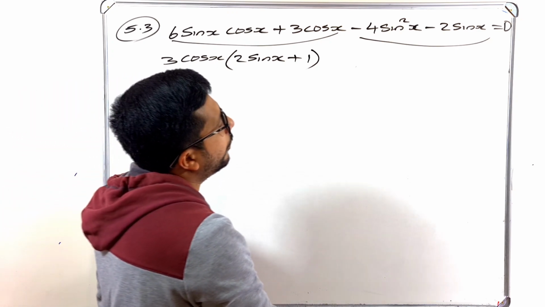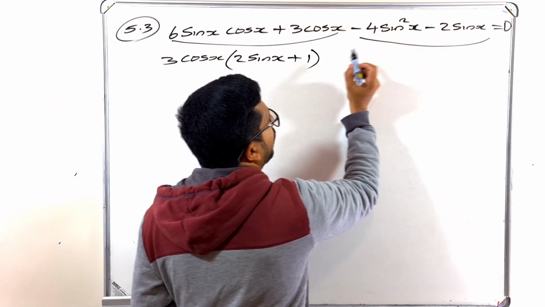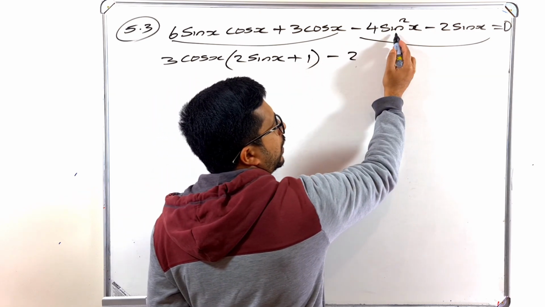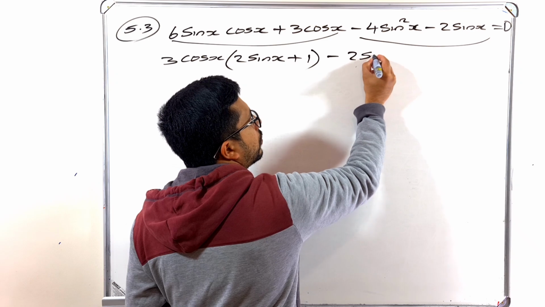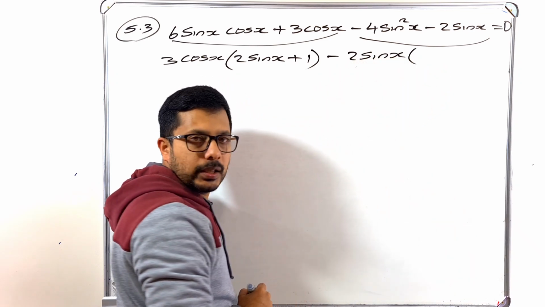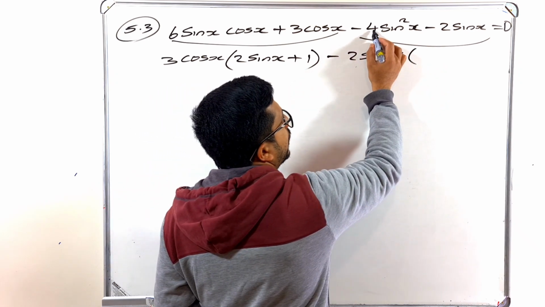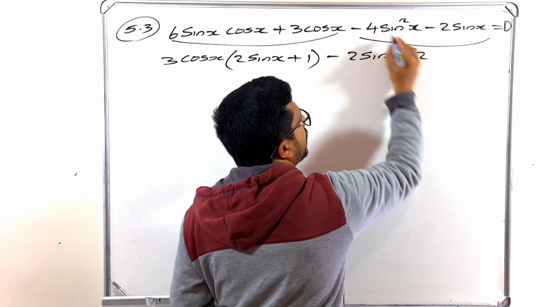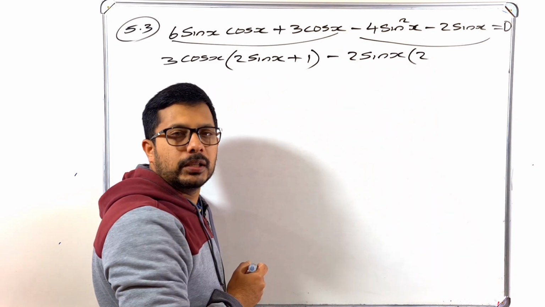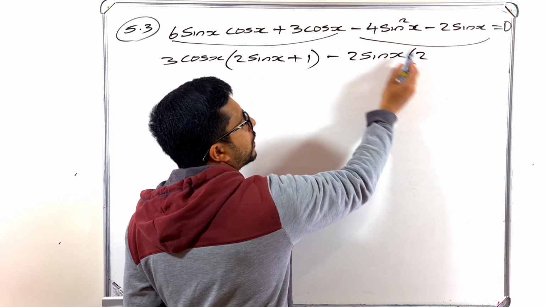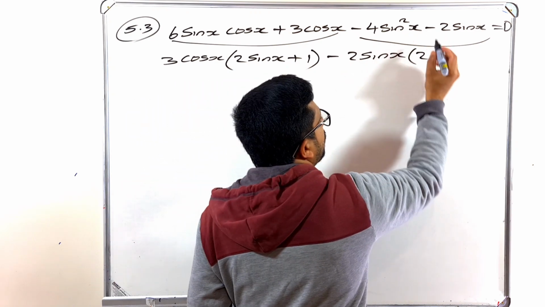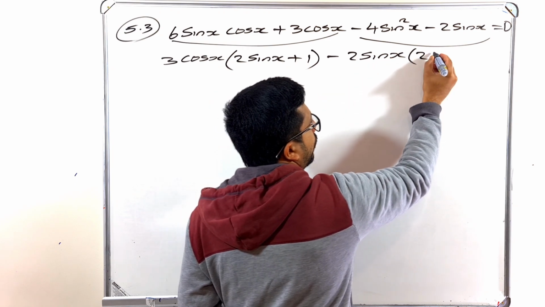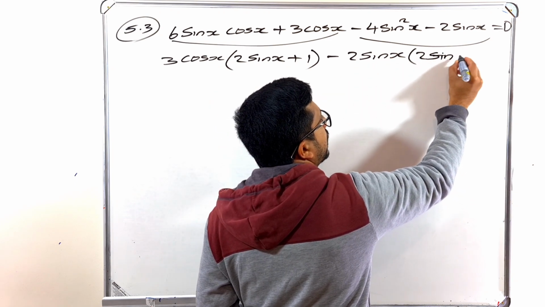Now from the other two terms, I can take minus 2 sin x as the common factor. So what is remaining here? 4 divided by 2 is 2, so 2 times 2 is 4, so here it is... sin squared x, we took only one sin x as common factor, so one sin x remaining.